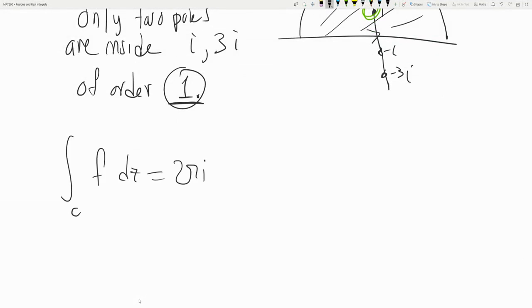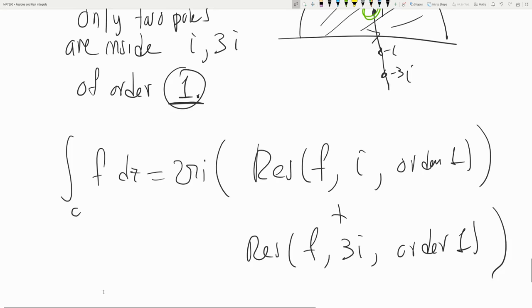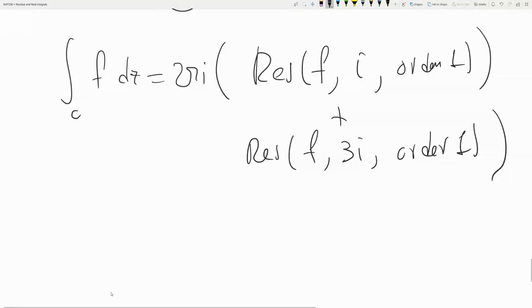Okay, so that's it. Let's do the residue theorem. We have 2 pi i times the residue of the function at i, order 1, plus the residue of the function at 3i, also order 1. There's not much to do.